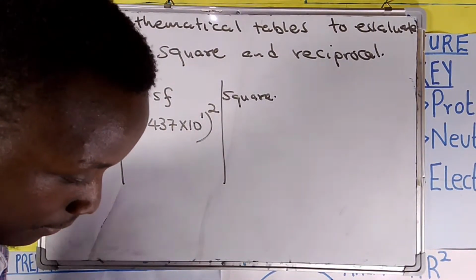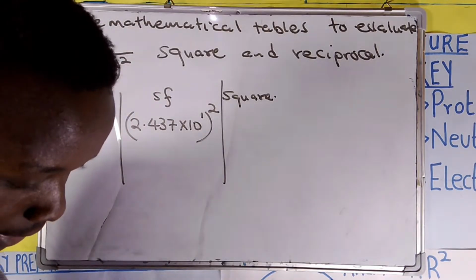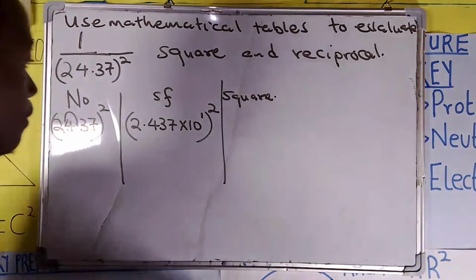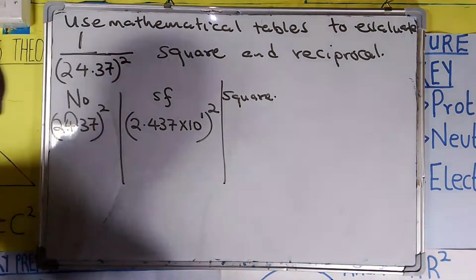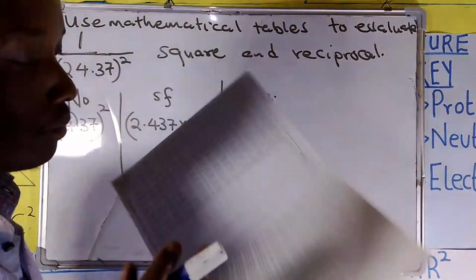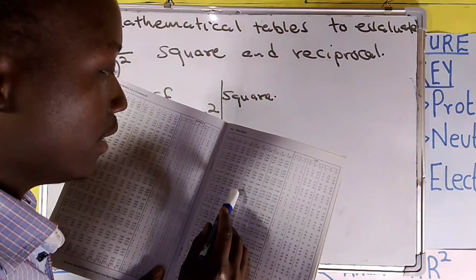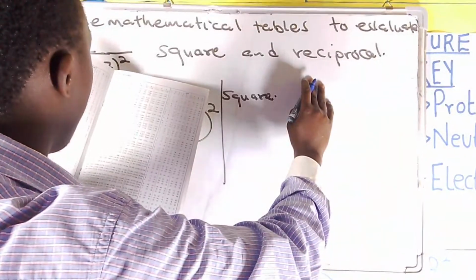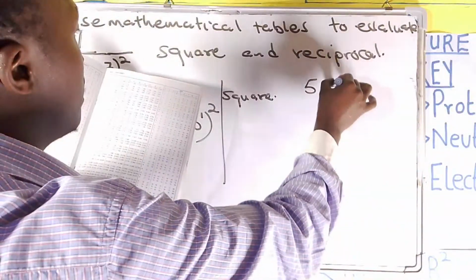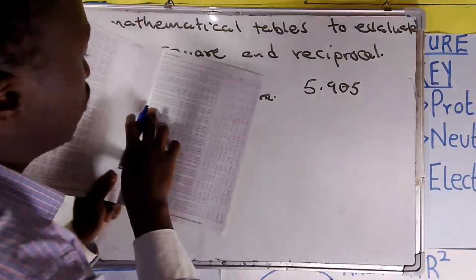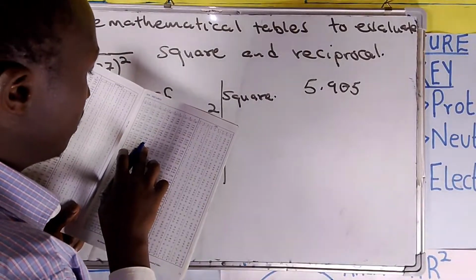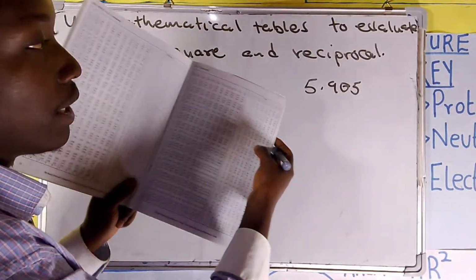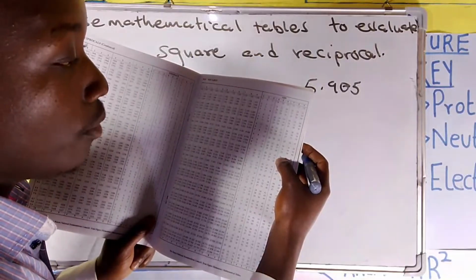From my tables, it is on page 19. So on page 19, if we are to get the square of 2.437, we look at 2.43, and it is 5.905. For 2.437, we go to the column of 7 at the end. After you have found 2.43, you get 5.905. Then you go to the column at the end, 34.